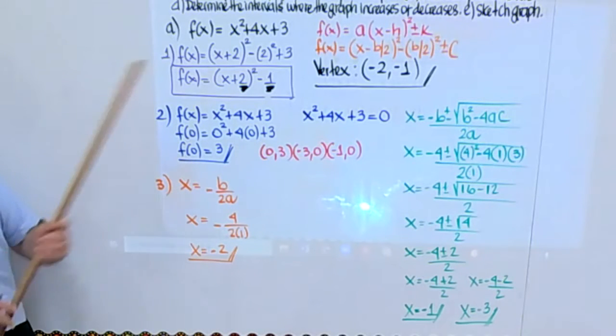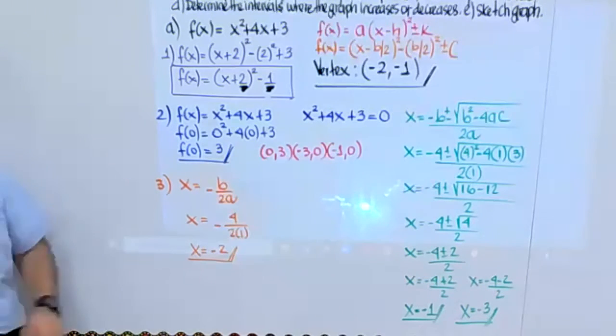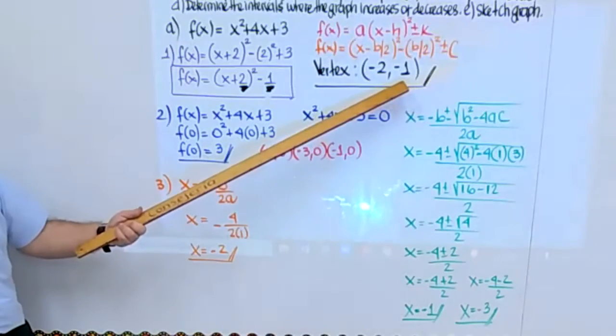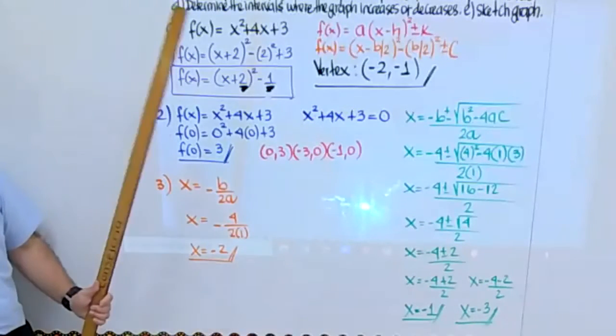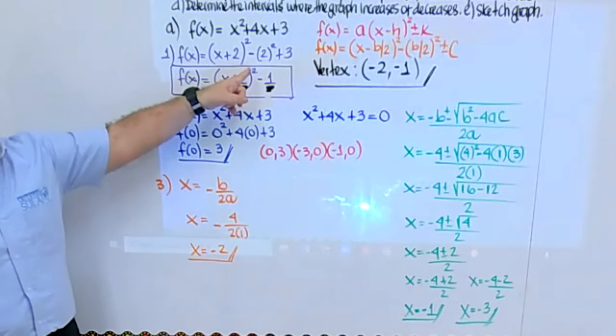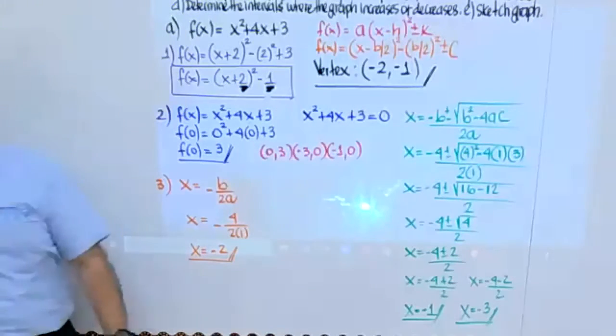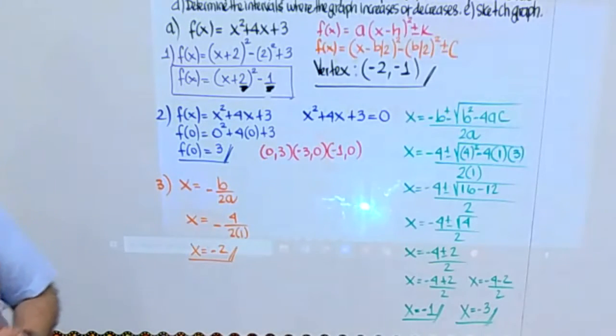Evaluate the original equation at negative 2, and the answer is supposed to be the value of k. If you evaluate this one, for example, negative 2 plus 2 is 0, 0 to the second power is 0, 0 minus 1 is negative 1, in that case. Okay, at home, do you have any questions?